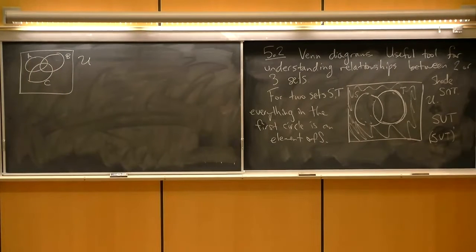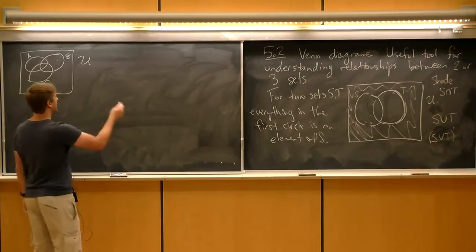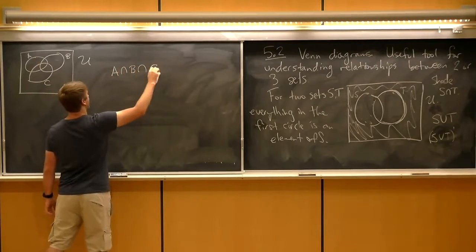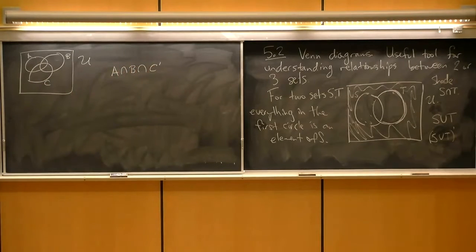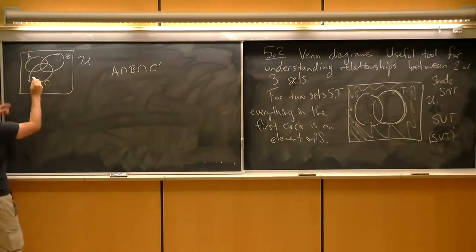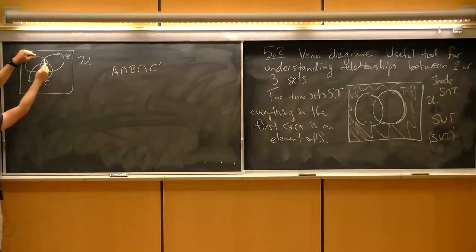Similarly, you can have more complicated questions similar to the previous ones. So if I said A intersect B intersect C prime, can anyone see what I would shade? Oh, it's going to be hard to describe in words. Maybe I'll just say it. A intersect B would be these two regions here.